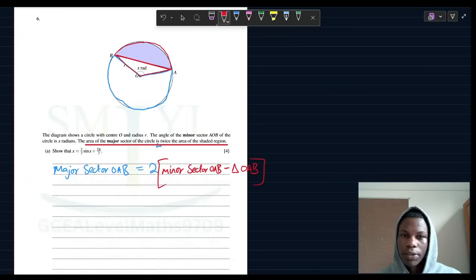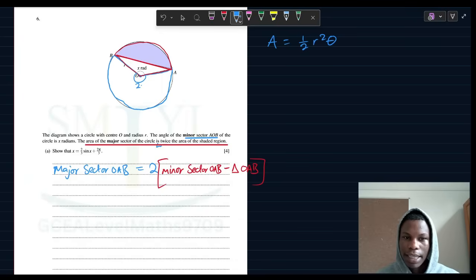So now we just need to figure out the actual areas, or rather an expression for the areas. We know that sector area is given by half r squared theta. If the minor angle AOB is going to be x, remember that our angles should add up to 2π if we go a full circle.